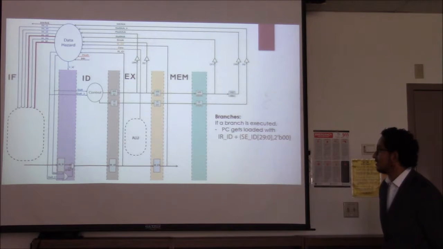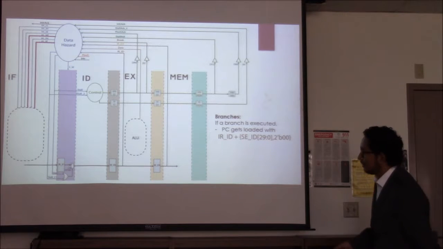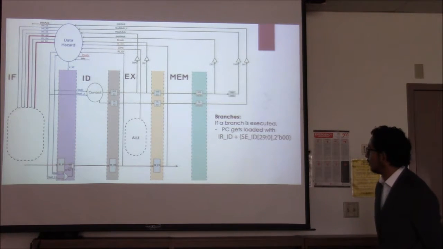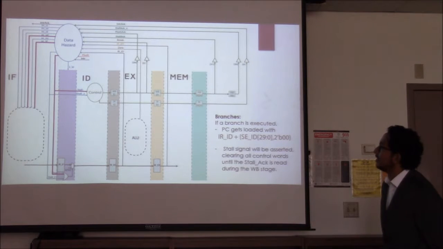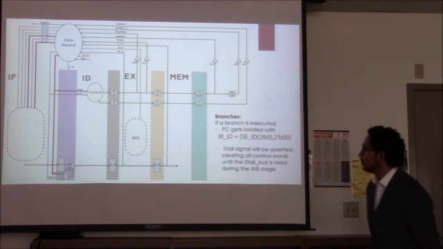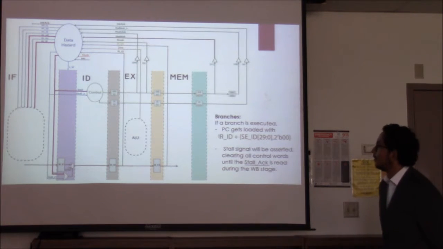If a branch is executed, the PC gets loaded with the signal generated, and the data hazard implements a stall signal, which clears the control words until the stall acknowledge is read in the write back stage.